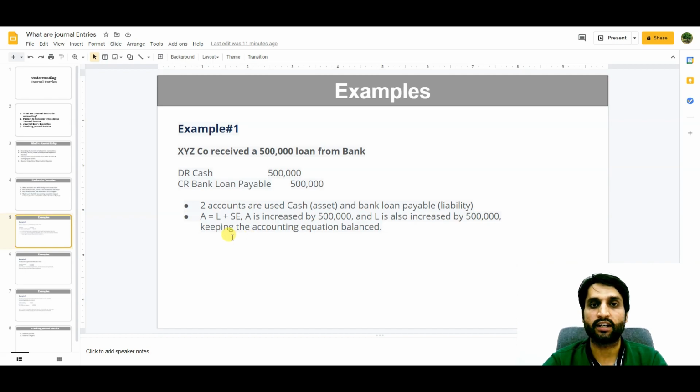Now let's see our accounting equation: assets equal liabilities plus shareholders' equity. Assets are increased by 500,000 and liabilities are also increased by 500,000. So it keeps our accounting equation balanced.